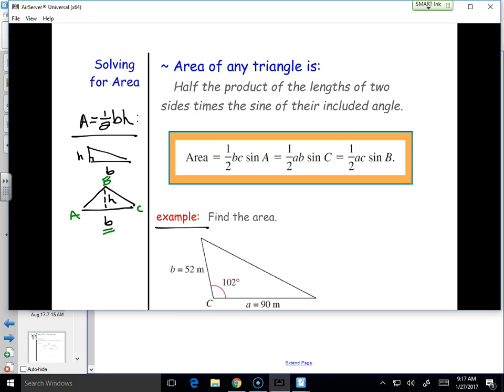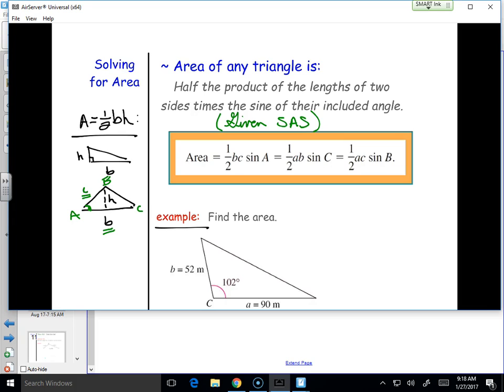If we know side, angle, and side, you can fit this in anywhere, it doesn't have to be up above. Given side, angle, side, that's when you want to use this formula. If they give us little b, angle A, and little c.